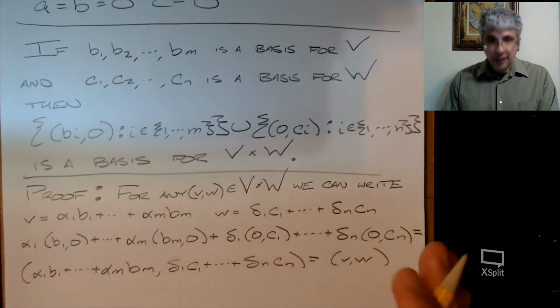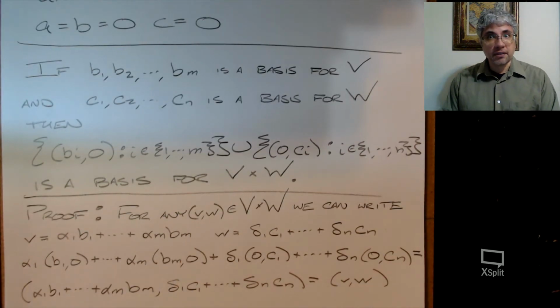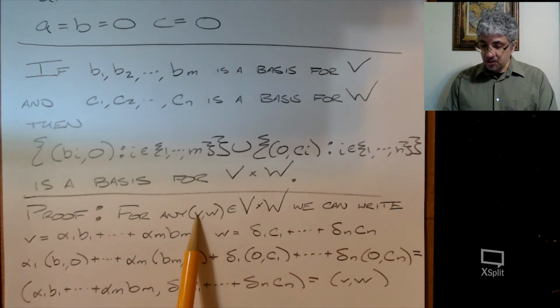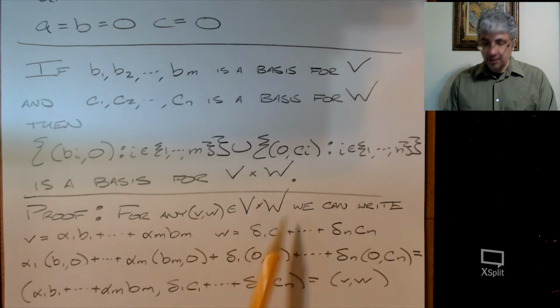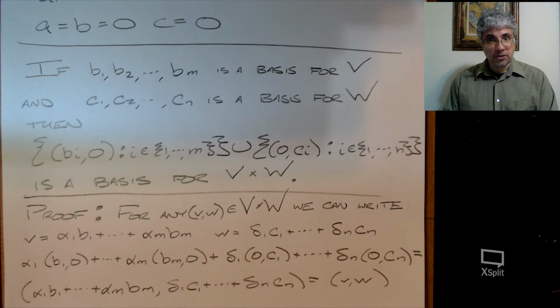Oh, and I should have put that in parentheses. I left out the parentheses there. It's not just a stray v in V cross W, it's a pair (v, w) inside V crossed with W. Okay, so what does this show? It shows that we have span, that these elements span the space V cross W, but it doesn't show independence.